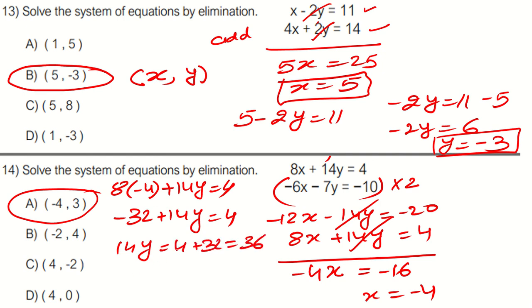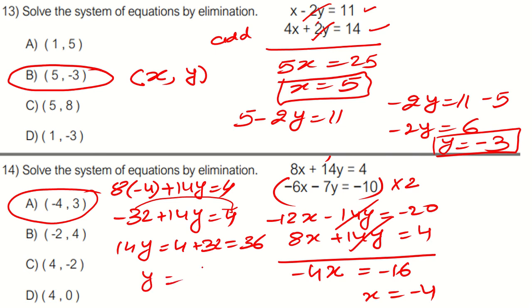Is this the correct option? I am doing it because maybe I will not get the answer correctly. 8x plus 14y is equal to 4. So 8x is minus 4 plus 14y equal to 4, minus 32 goes to the other side and becomes plus 32. 14y is equal to 4 plus 32, 36.